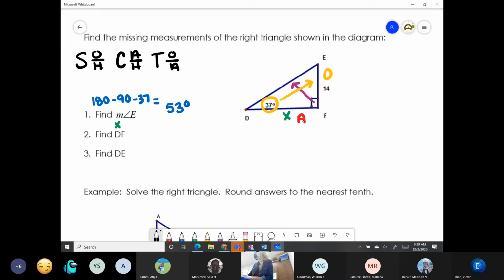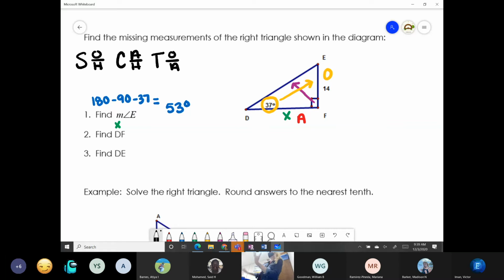So if I have O and A, which trig ratio is it going to be? O and A is going to be which trig ratio? Tan. Awesome, Mariana. I also see it in the chat. Yes, it is going to be tan. So remember, now we're solving for a side.